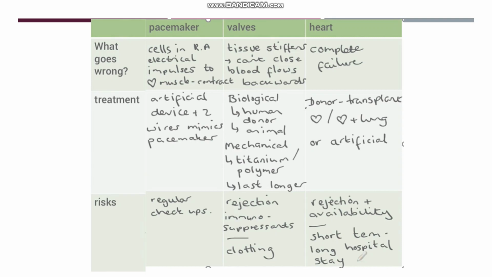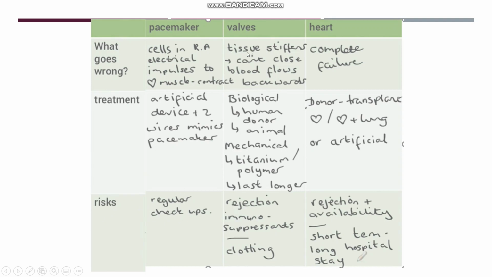The treatment would be an artificial device with two wires that mimics a pacemaker. A pacemaker is basically an object that controls the heart rate. The risk would be that you would need regular checkups for this.